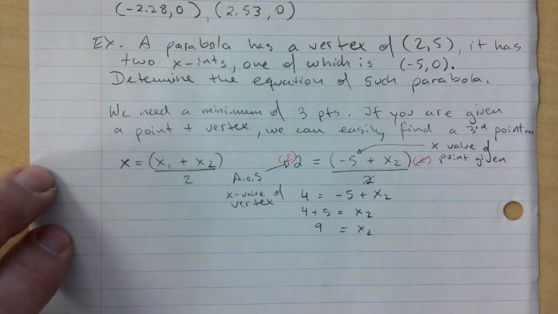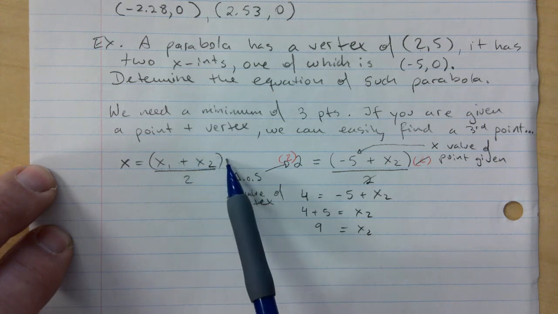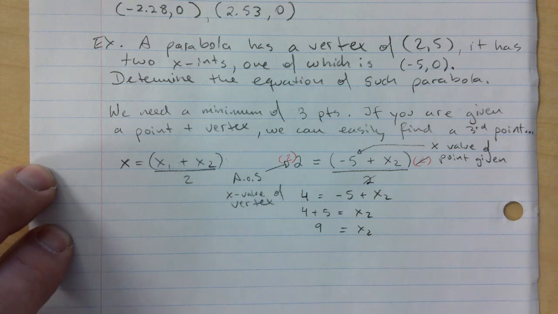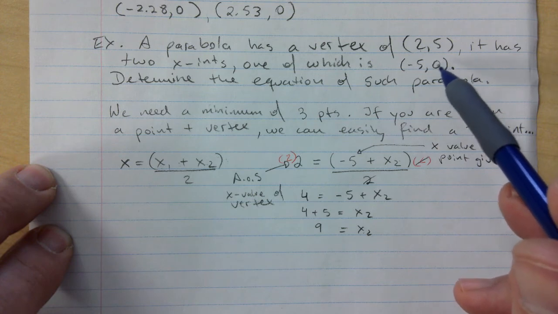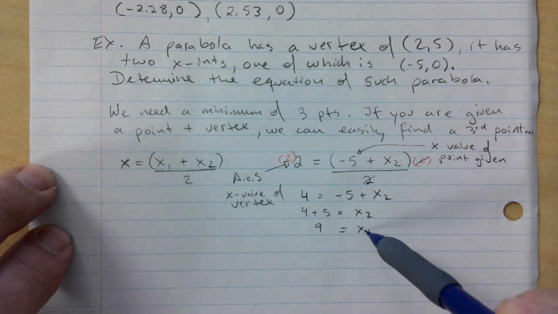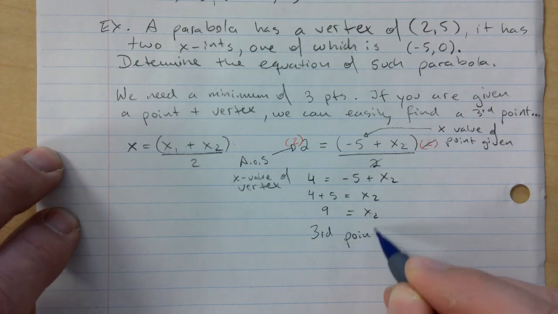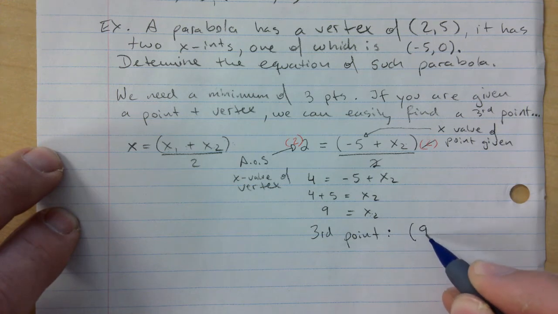And remember that these 2 points have to be at the same height, right? You remember that? I know it's Friday, but these are the same height. So when you find that x value of the second point, you can just use that height that the first point had, so this third point is going to be (9, 0).